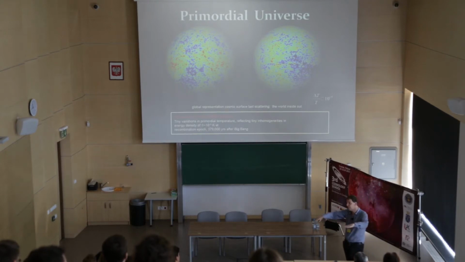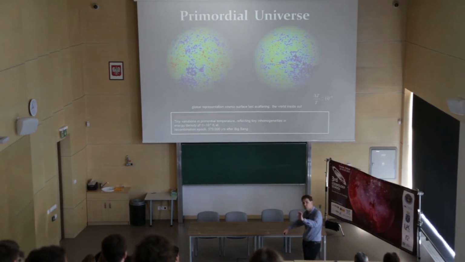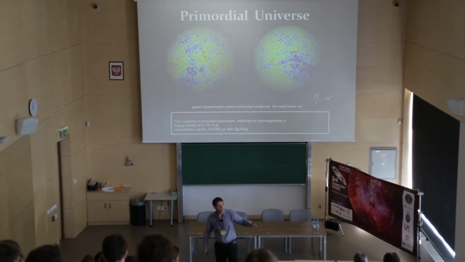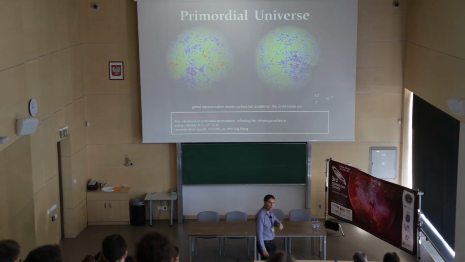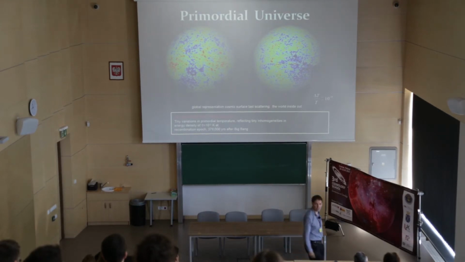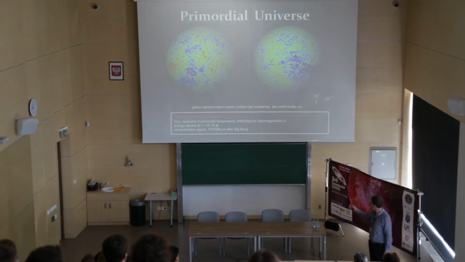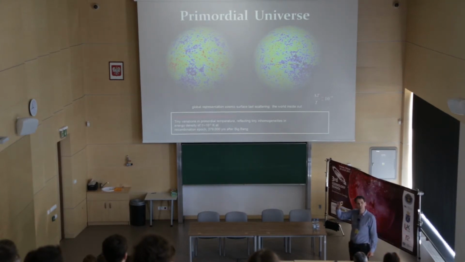Imagine that you want to measure a variation of a 100,000th of a degree Kelvin here in a room or wherever. You would never manage this precision. But now we know that the universe does have this, and of course it's an incredible technological feat that they managed to map these small perturbations on the sky.